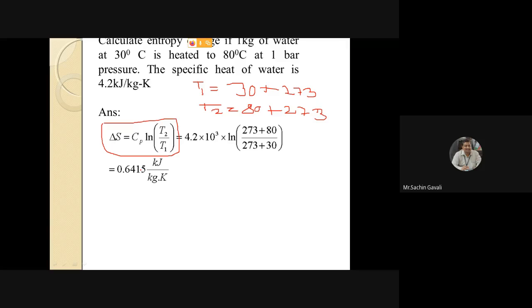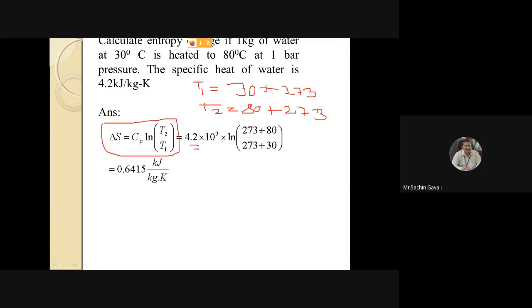These numericals are asked for 4 marks, but for that we should know the correct formula. Delta S is equal to Cp ln of T2 upon T1, and this is equal to 4.2 kilojoule per kg Kelvin, as given, into ln of T2 upon T1.